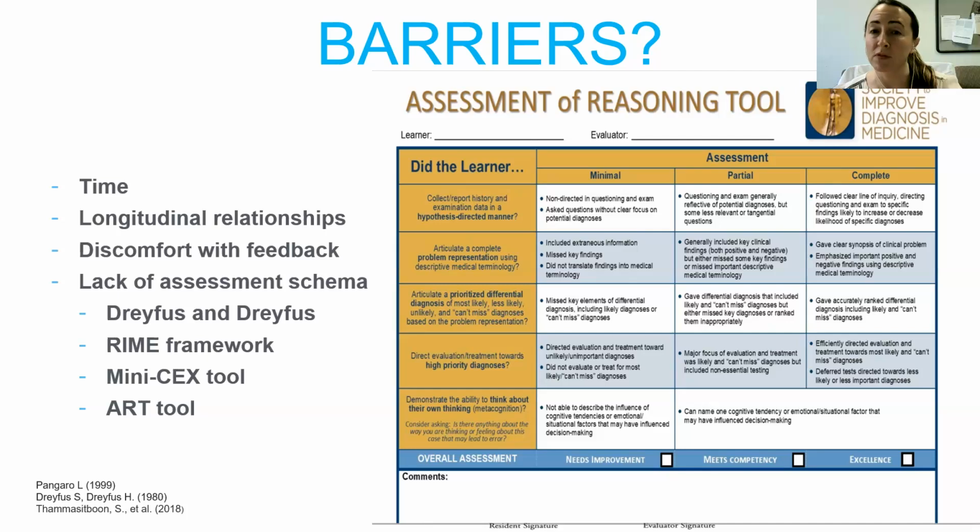For example, it has 5 domains. You can focus on 1 or all 5. You can read it before you round as a reminder of the kind of vocabulary you are listening for, and then give feedback. You could sit down with a learner and do it all after they present. So you can use it in a variety of different ways.